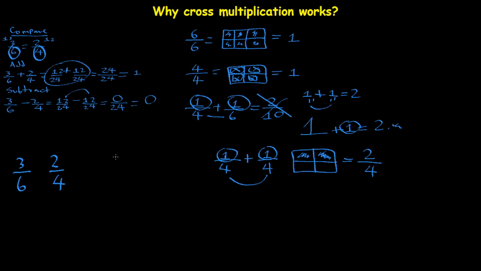An easy way, there are many ways, but the easiest will be to multiply the denominators. So 6 times 4, usually people do it like this. 6 times 4 is going to be 24, and we do the same with this other fraction, 4 times 6, and we do that for both numbers.